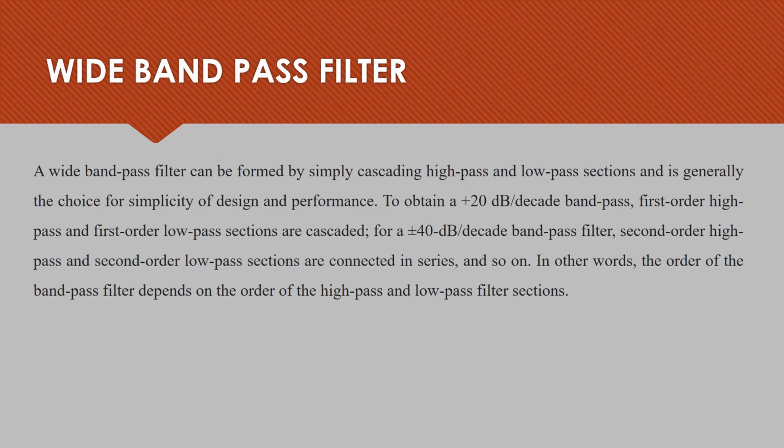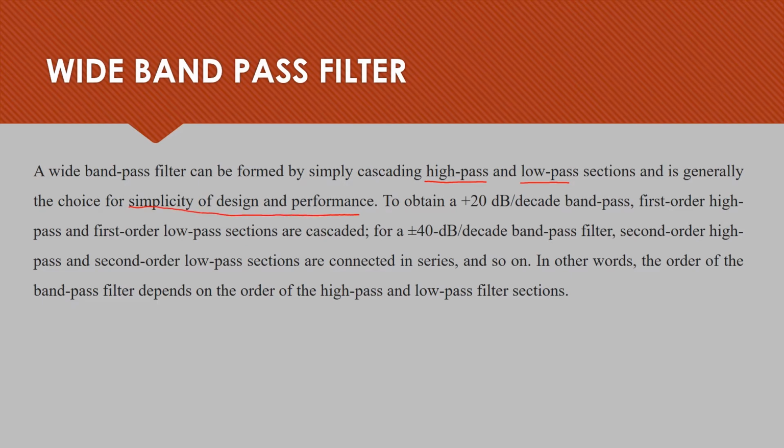Firstly, we will talk of the wide band filter. A wide band filter can be built by cascading a high pass and low pass section, and it is generally the choice for simplicity of design and performance.